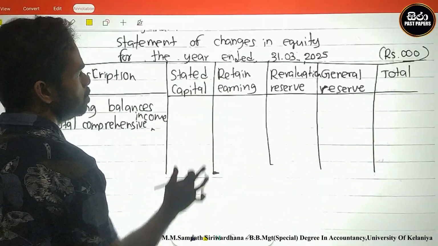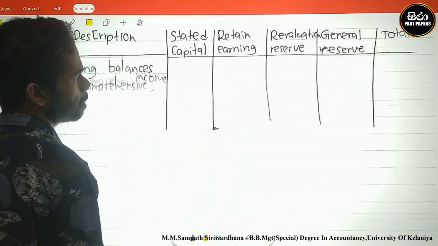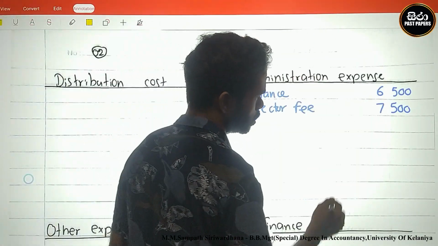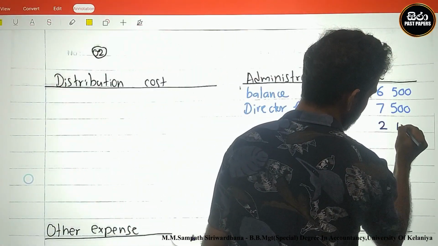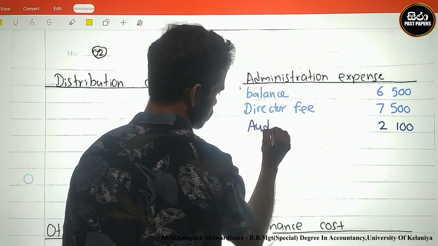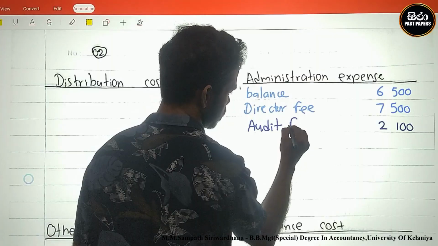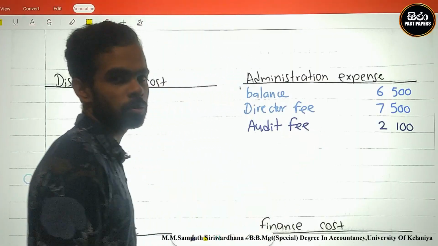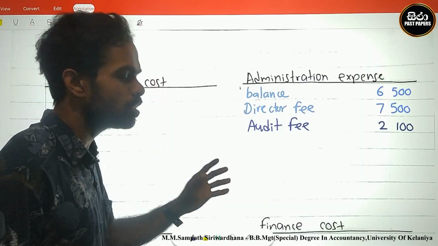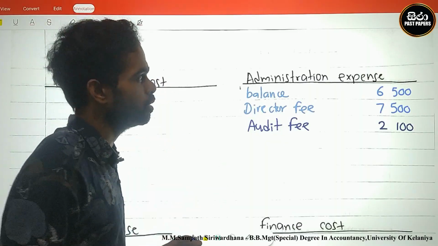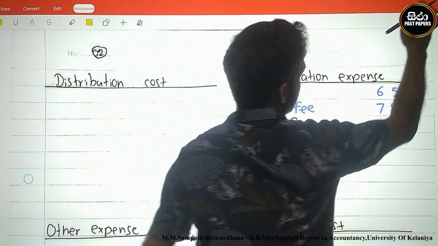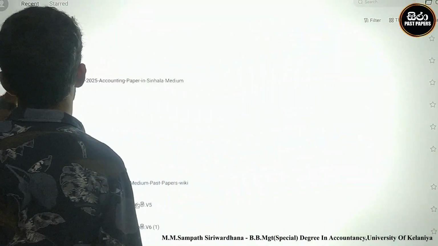Administration expense 2,100, audit fee expense. Okay, there is a location. So the first one is administration expense, the second one is other payable. This is the identification of audit fee payable and director fee payable.